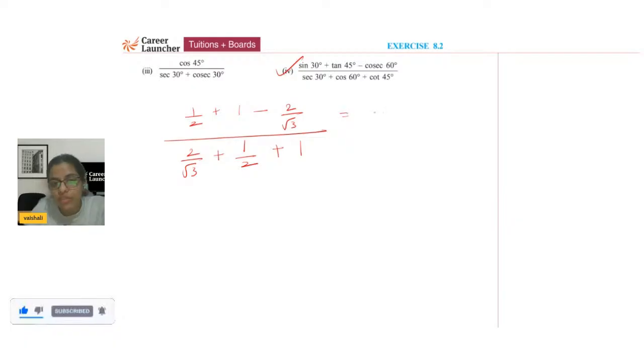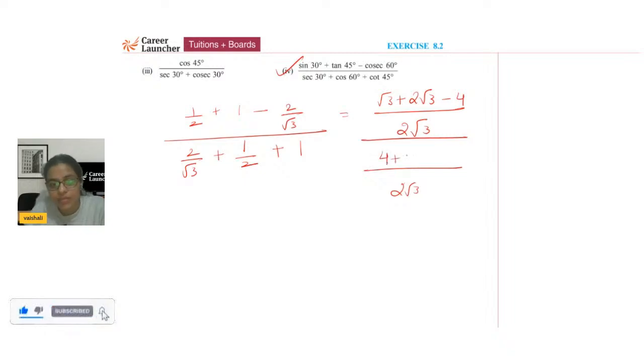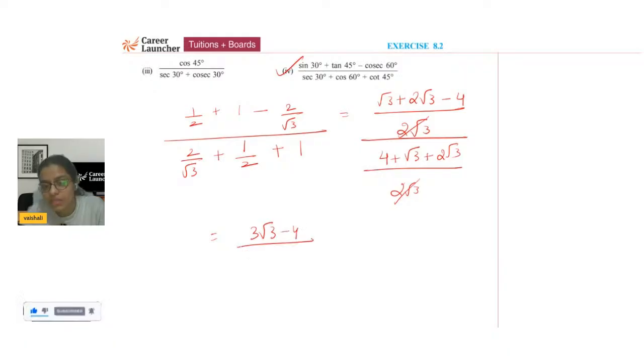So what if we are taking the LCM as 2 under root 3? So this is under root 3 plus 2 under root 3 minus 4 divided by same LCM 2 under root 3. So it means I can cancel out these two values, and if we will simplify this further, we are getting 3 under root 3 minus 4 divided by 4 plus 3 under root 3.